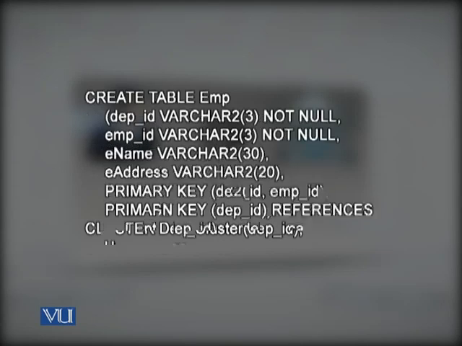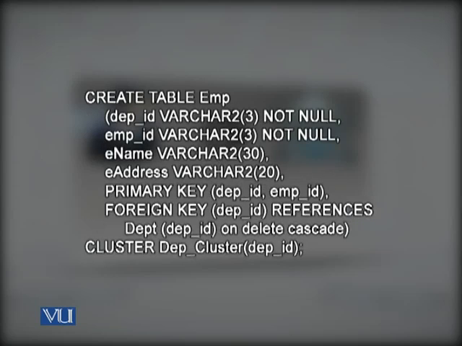After this, we define the employee table. This is the table whose objects will be contained within the department object. As you can see on the slide, we define the key of this table, that is of employee, as a composite key.